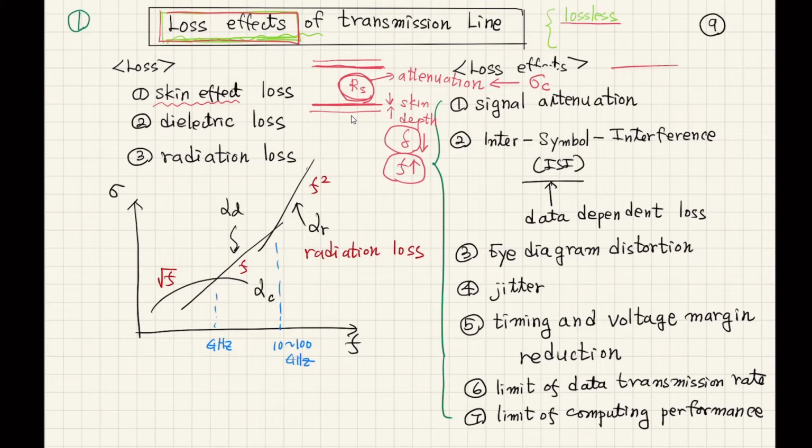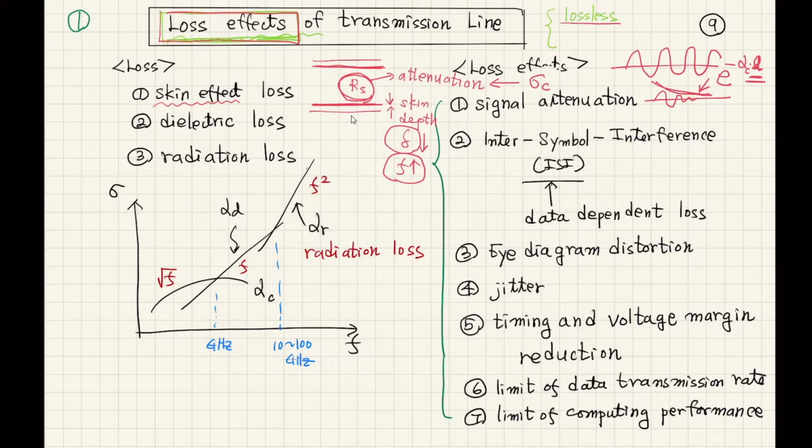Even though you are sending a certain frequency signal, as it propagates along the transmission line, it will suffer attenuation. And the attenuation is described by the conductor attenuation constant multiplied by the length of your transmission line. So if you have a longer interconnection, you're going to have more attenuation.